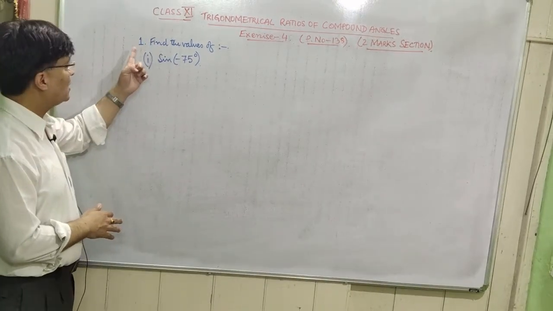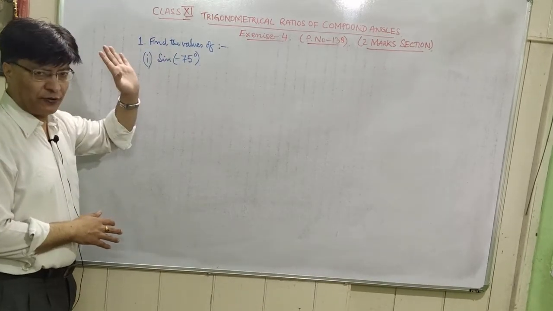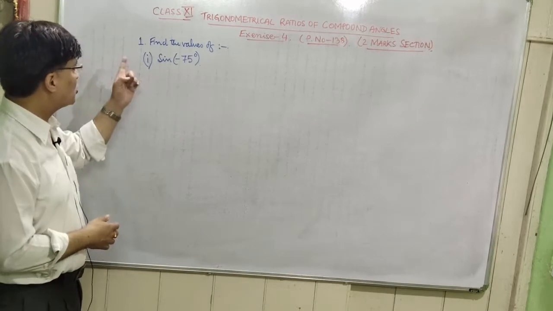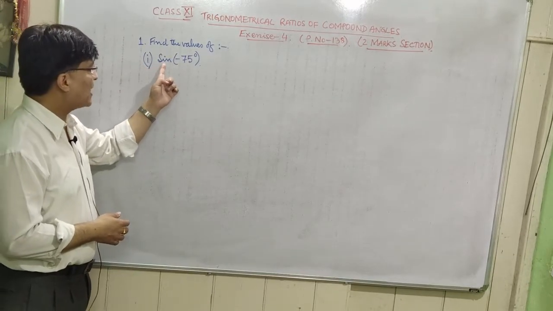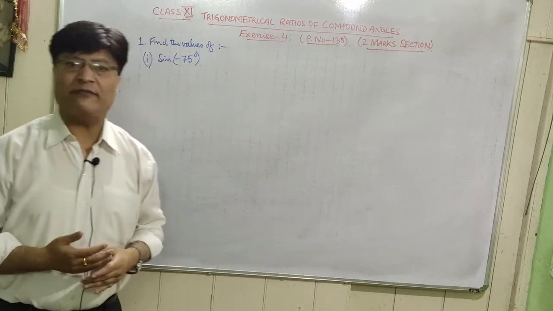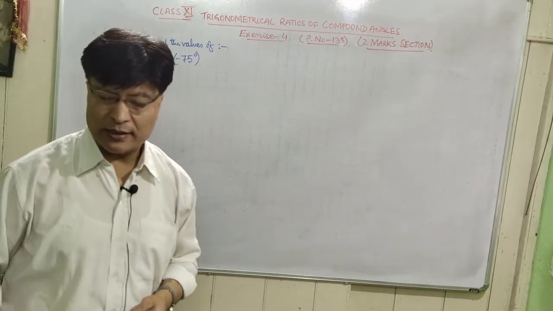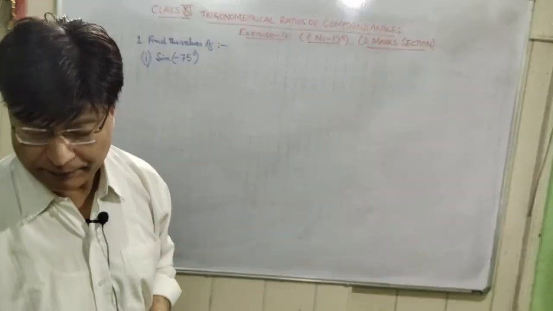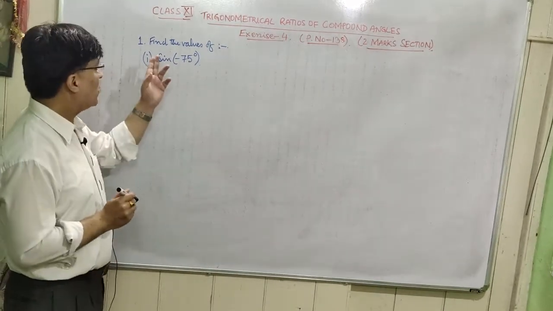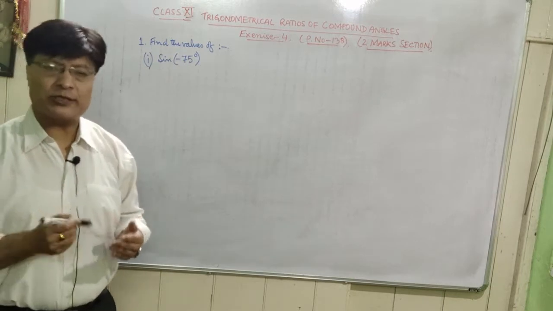Question number 1 is to find the values of some trigonometric functions. Number 1 is sine of minus 75 degree. So how will you get the value of sine of minus 75 degree? First of all, whatever the angle is, take it as theta.